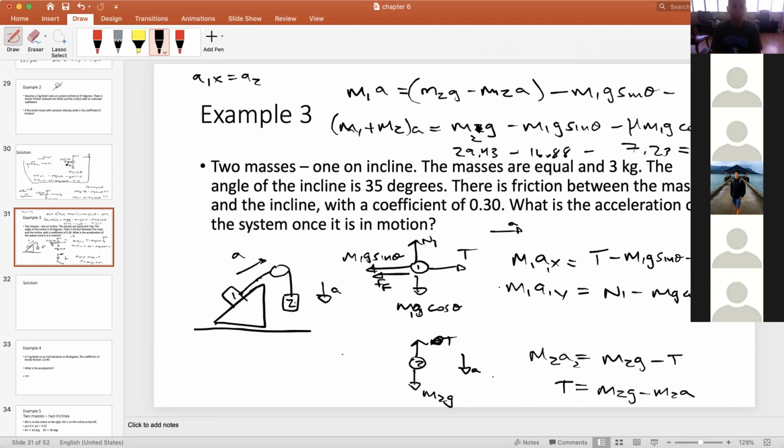So this ends up being plus 16.88, and then 29.43 minus this answer, 5.318 newtons. Now remember that this is 3 plus 3, so 6. So a is equal to 5.318 divided by 6, 0.89 meters per second squared.